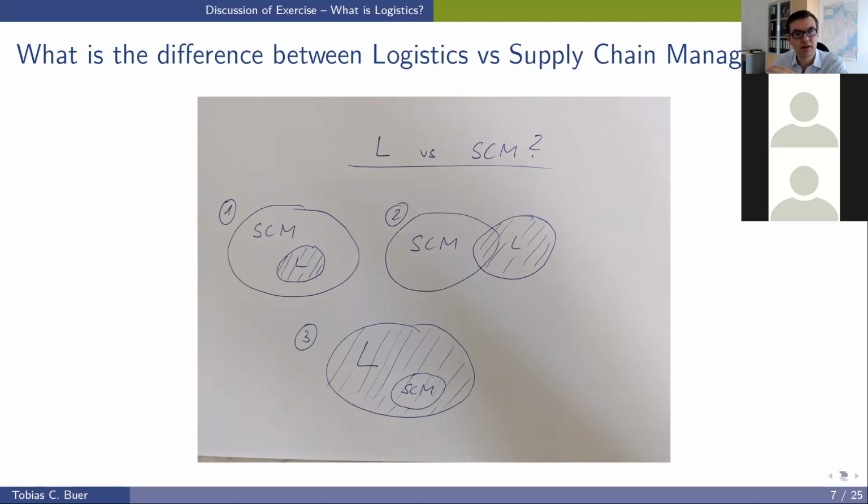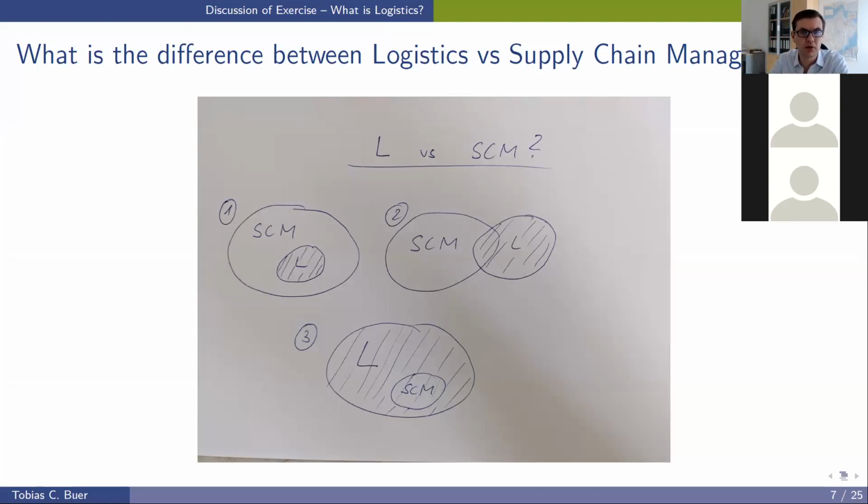It's about knowing the different points of view that are out there and having arguments to support the different points of view. The concept of supply chain management is younger than the concept of logistics. And therefore, when they first started discussing supply chain management, they said this is something new, something in addition to logistics.